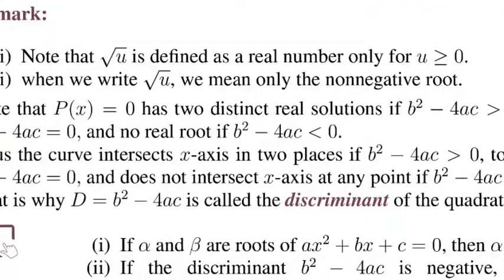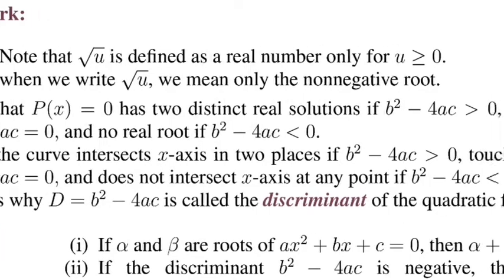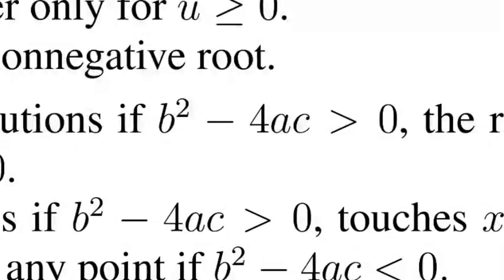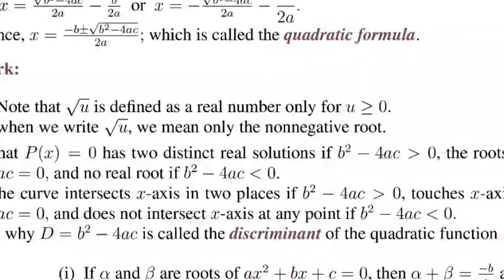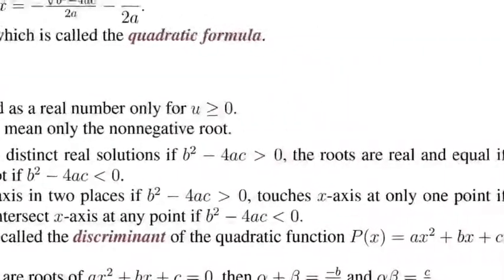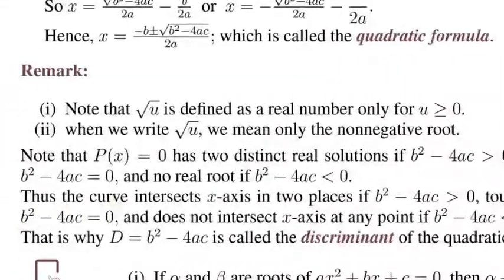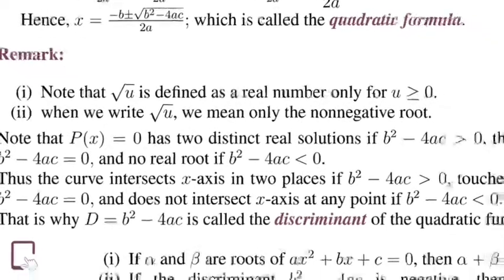Next, p of x equal to 0 has two distinct solutions when b square minus 4ac is greater than 0. The roots are real and equal when b square minus 4ac equal to 0. There are no real roots when b square minus 4ac is less than 0. These three results are very important.